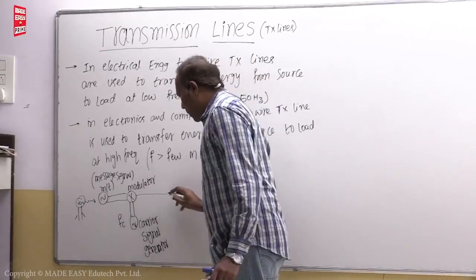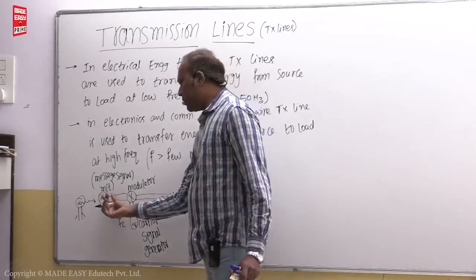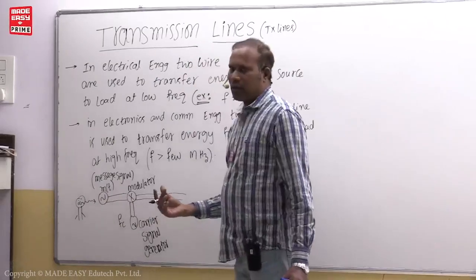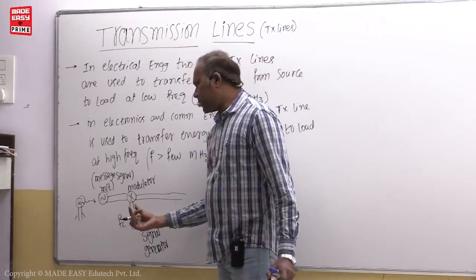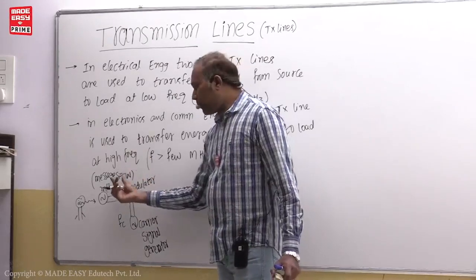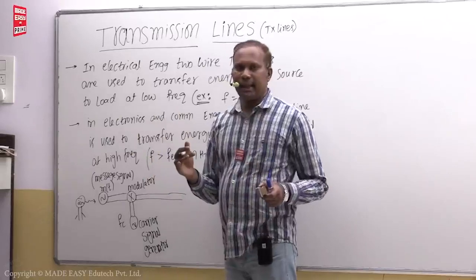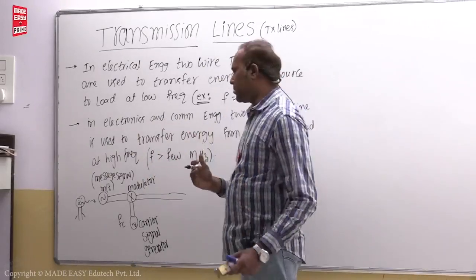The modulated signal, already you know all these concepts, no? Because the message signal is low frequency, it cannot be transferred for longer distances. So if you want to transfer for longer distances, you have to put that message signal on the carrier signal. The carrier signal has more power, it can carry for longer distances.